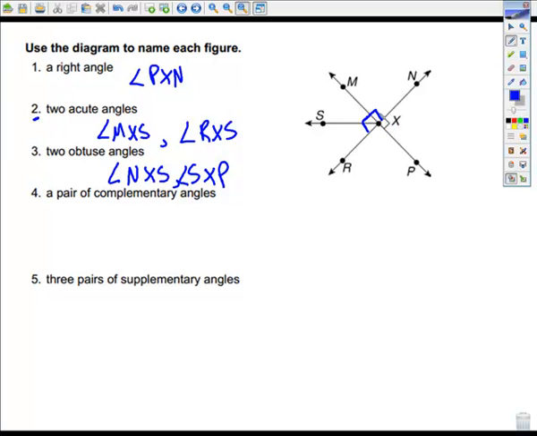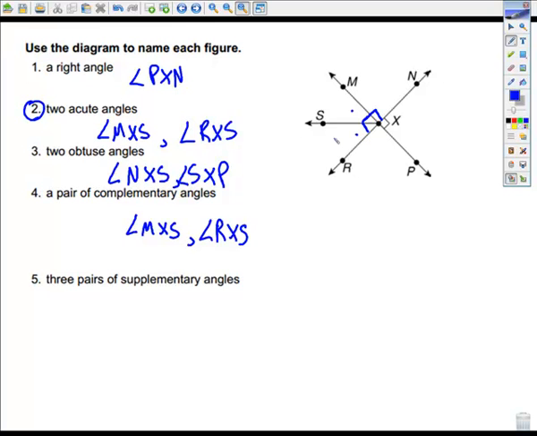And if that's the case, then NXM and MXR also form a straight angle. Well, these two angles right here form MXR. So it's MXS and RXS. Happens to be the two acute angles that we have in the diagram.